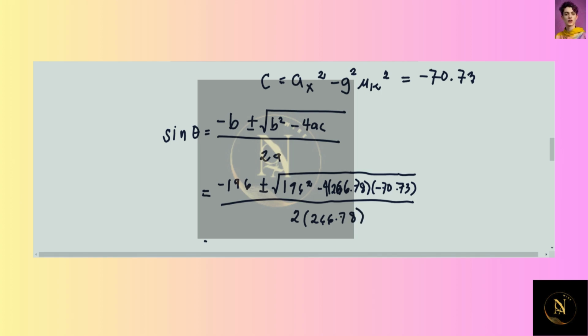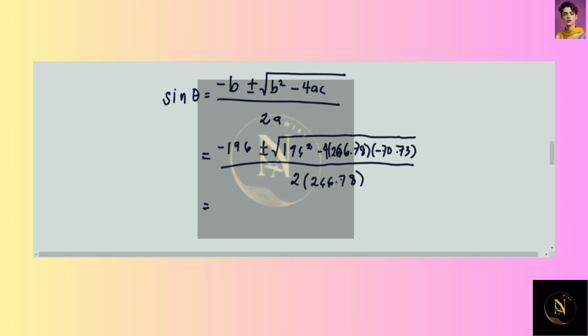Solving this equation, we will only get the value with a positive sign, and the answer is 0.27. Sine theta is equal to 0.27.